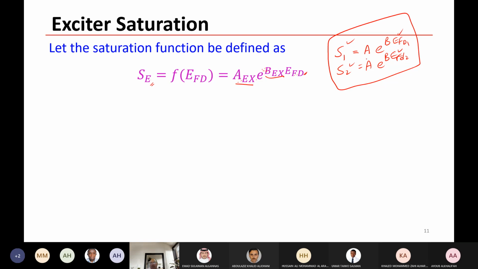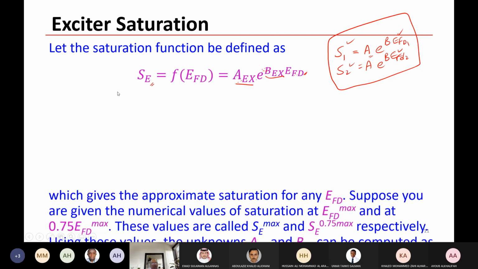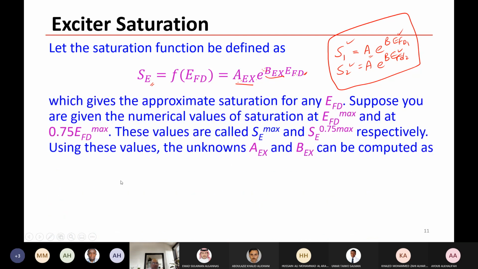If you divide and then take the ln of both, you can get B, and if you substitute in any equation, you can get A. So this is the way to get this saturation factor. According to the standard, they have two measurements, one at 0.75 EFD and the other at full load EFD.